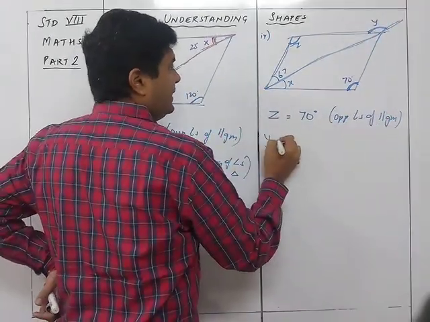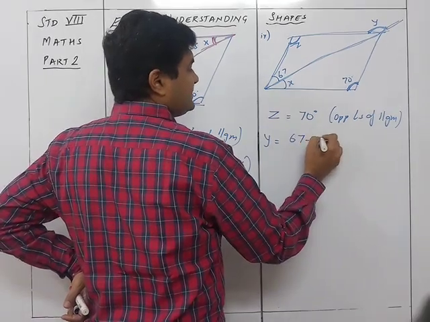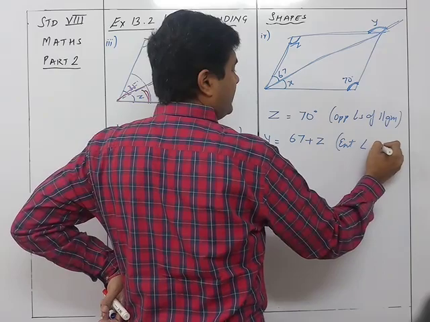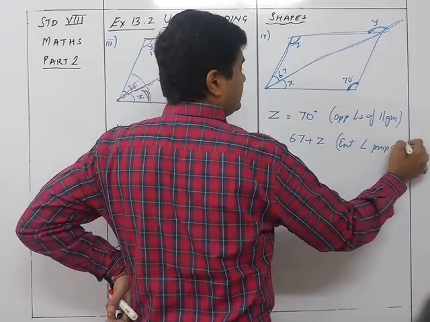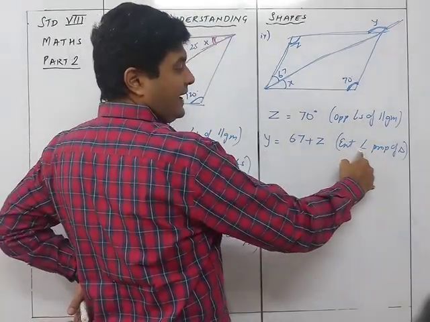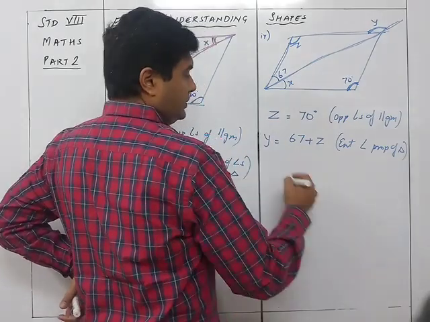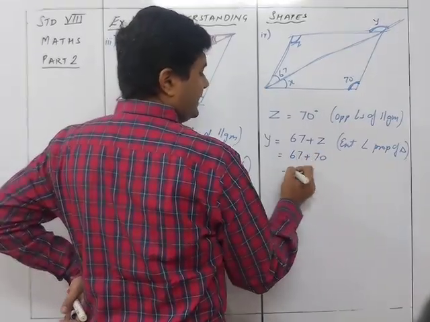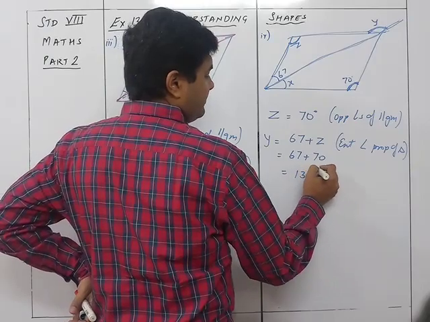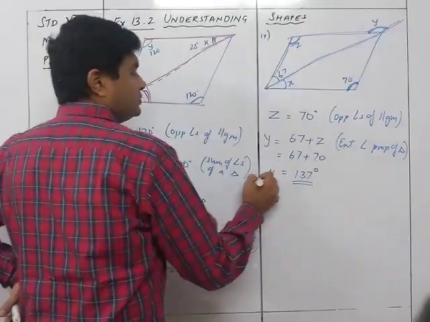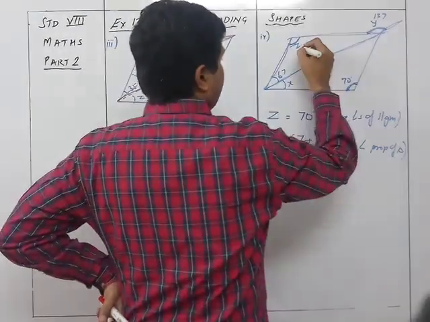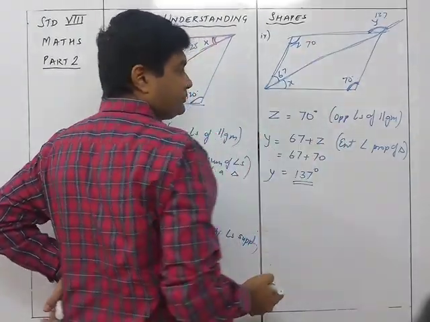So y is equal to 67 plus z. That is the exterior angle property of triangle. So that will give you 67 plus 70, that is 137 degrees. So y is 137. So this is 137, this is 70.